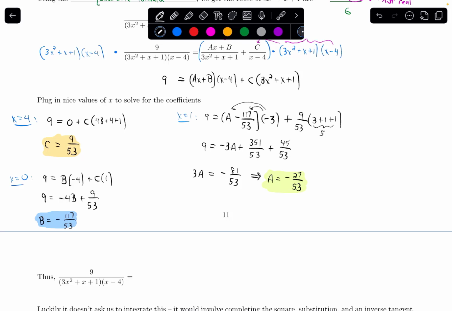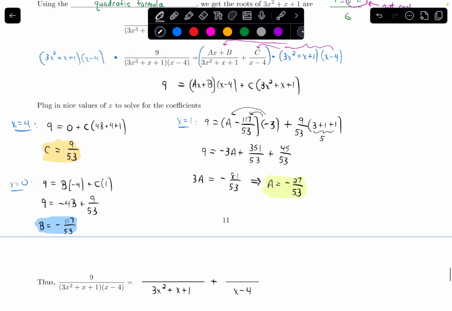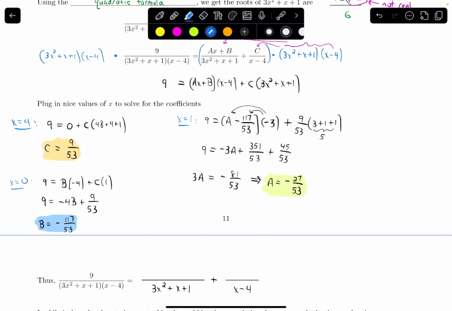Okay, so we are going to get our original fraction equals two fractions added up, where the first denominator is 3x squared plus x plus 1, and the second fraction's denominator is x minus 4. On the numerator of the first fraction, we need to put what a, we highlighted in green, x plus b, and b was in blue.